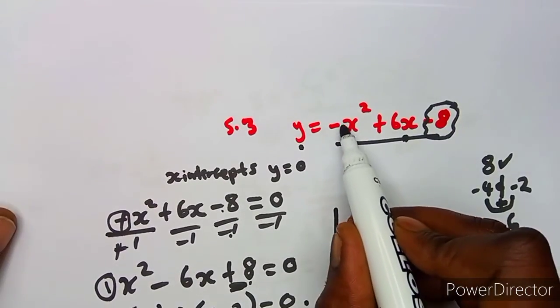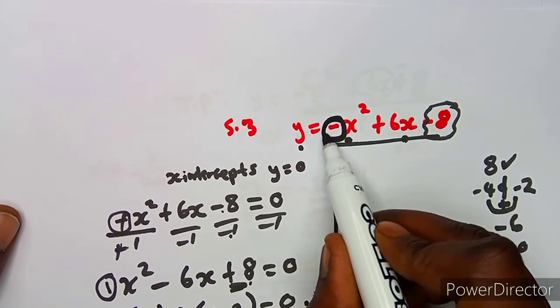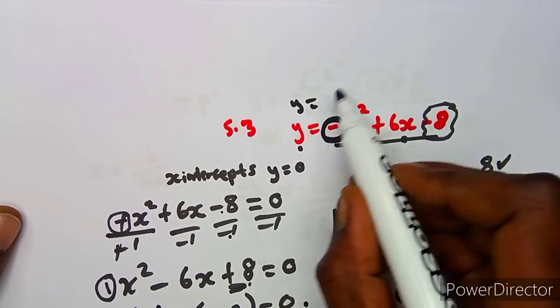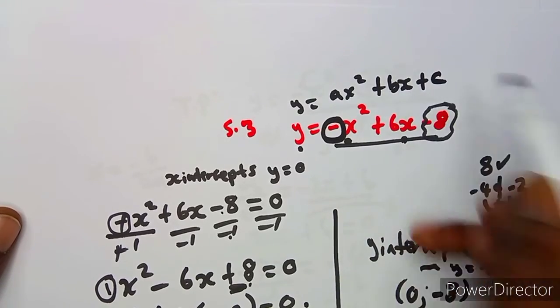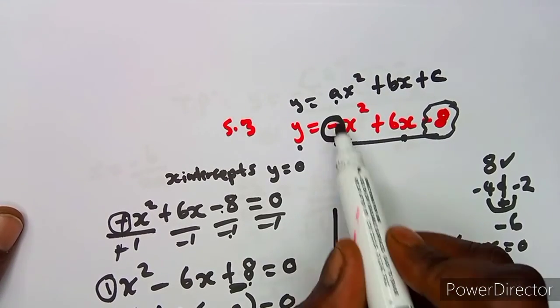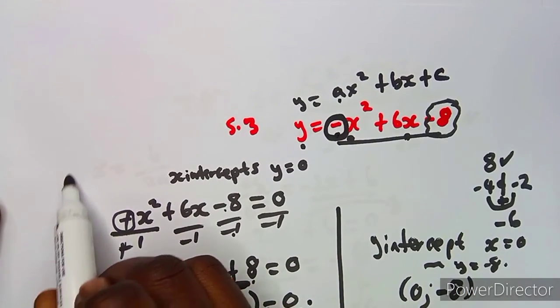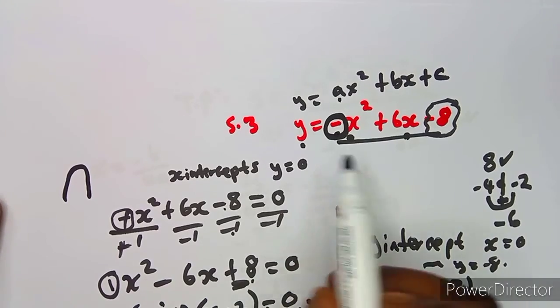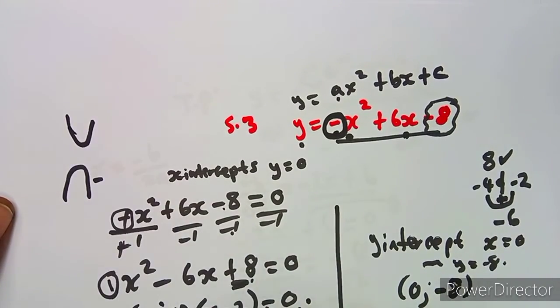The other thing that you are supposed to also check when you are sketching is this value of a. Remember, it is ax squared plus bx plus c. If this a is negative, you shall have a sad shape like this. If it is positive, then it shall be a smiley shape like that one.